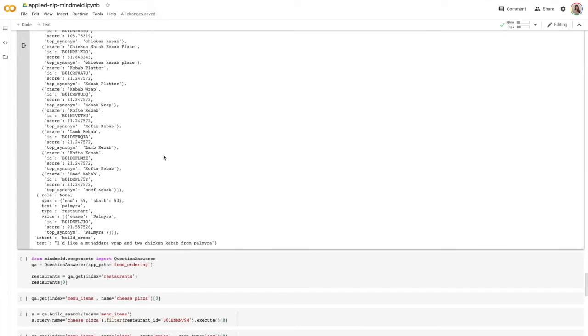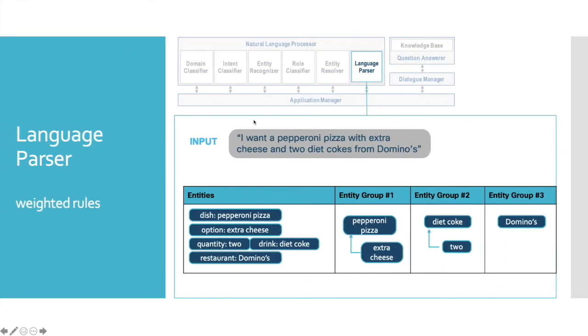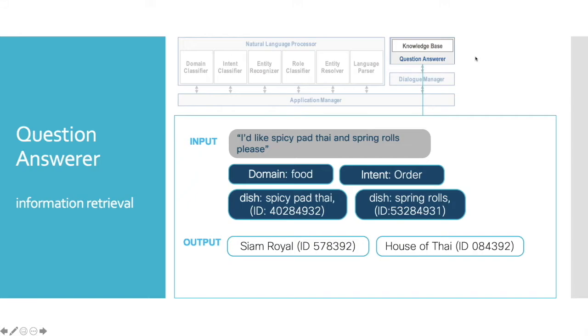Okay, so those are all of the components that are used to extract information from the user query. Now, the remaining components, the question answer, which leverages the knowledge base, and the dialogue manager, are about answering the user's question and responding back to the user in natural language. So the question answer component is, again, an information retrieval model.